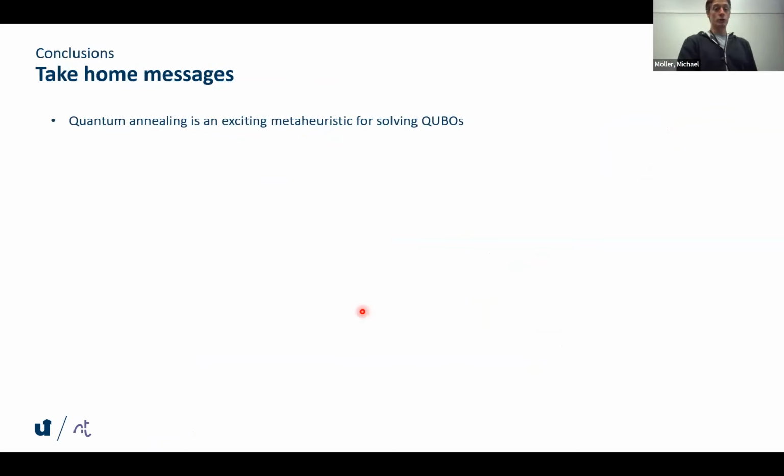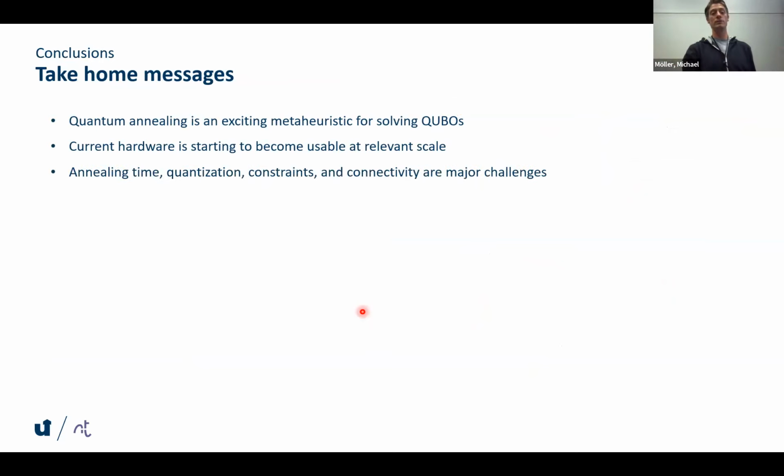So, to sum up, the take-home message would be, I think, that quantum annealing is a very exciting meta-heuristic for solving quadratic unconstrained binary optimization problems. The current hardware is starting to become usable at very relevant scale for computer vision problems.